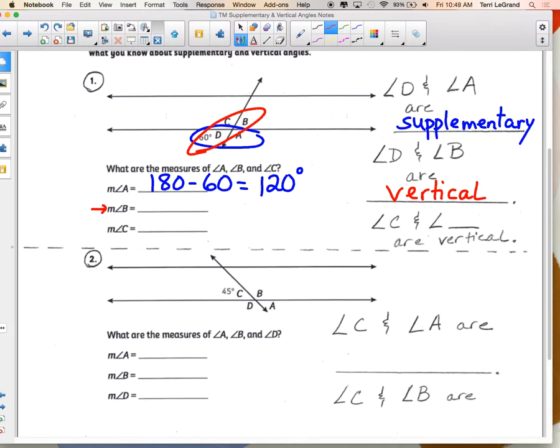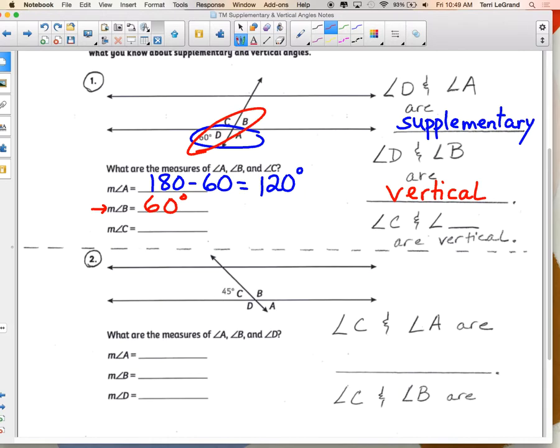What would it be? 60 degrees because, well, do we have to do any subtracting this time? No, not this time, because we're not talking supplementary, we're talking vertical. What's the relationship for vertical, Katie? They're equal to each other, and since D is 60 degrees, that means B has to be 60 degrees.